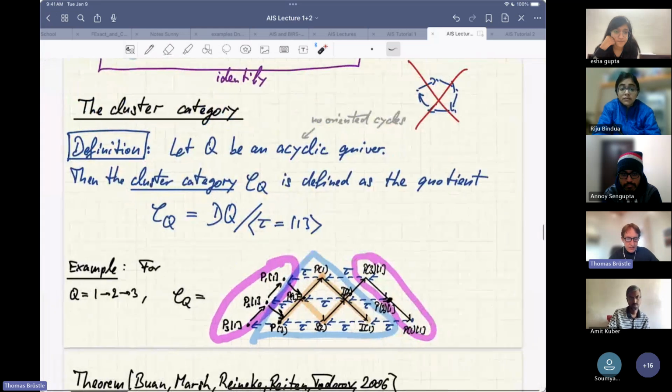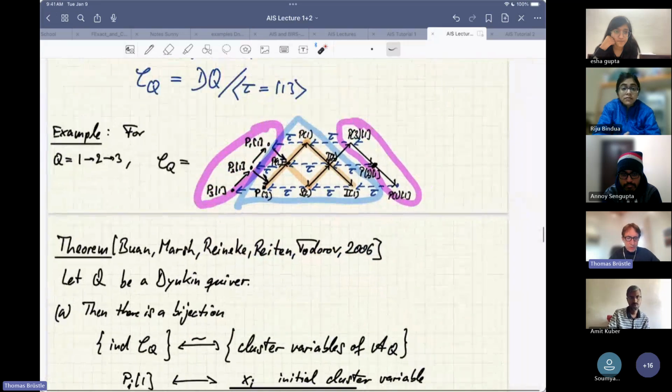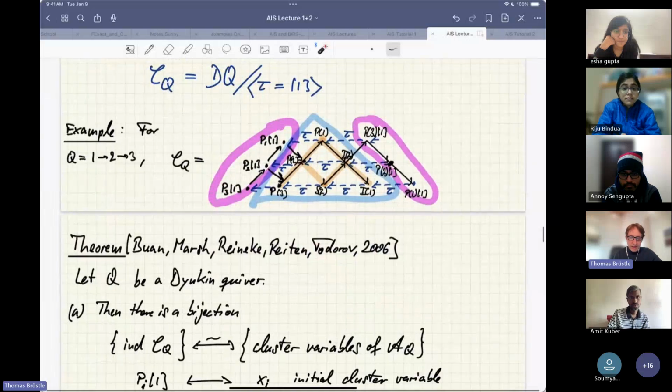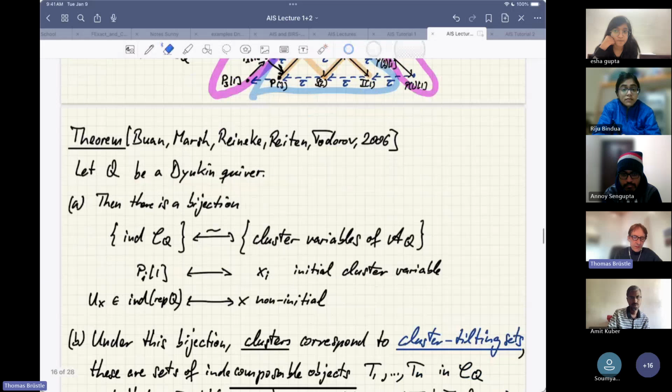And then we had the big theorem of Buan, Marsh, Reineke, Reiten, Todorov in 2006, that indeed, if we work with that cluster category, then the indecomposable objects are in bijection with the cluster variables, where those shifts of the projectives go to the initial cluster variables, and the rest of them go to the non-initial cluster variables.